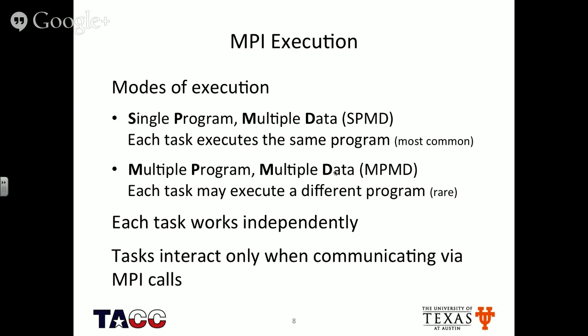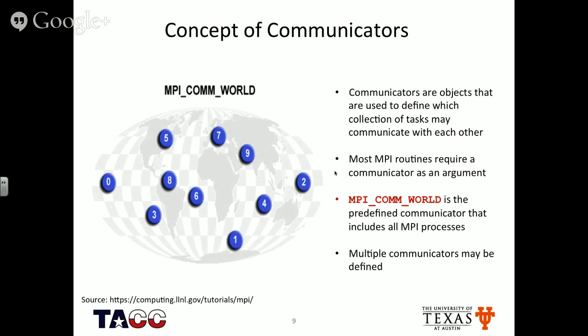But the thing is, all of these programs, once they initialize their MPI environment, they're all in the same group. They can still talk to each other. And so this is probably the most important concept of MPI.